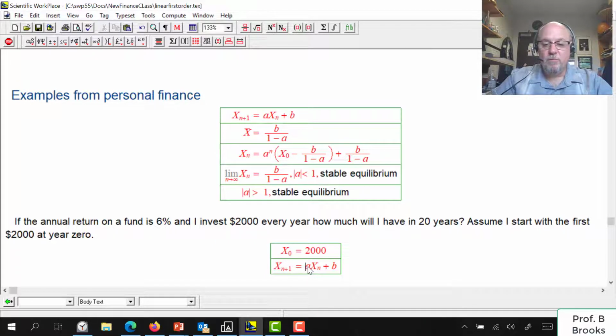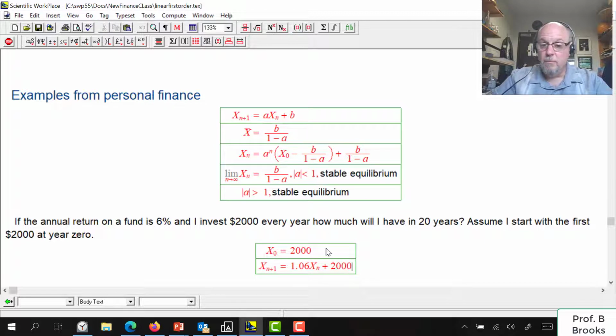So if it grows by 6%, I'm multiplying my money by 1.06. The 1 keeps the original money that I have. The 0.06 is the interest. So I take the X sub n, the amount of money I have, multiply it by 1.06, and add 2,000. That'll be how much money I have the next year. So I've got my A, 1.06, and my B, 2,000.